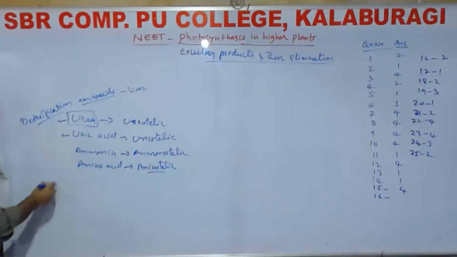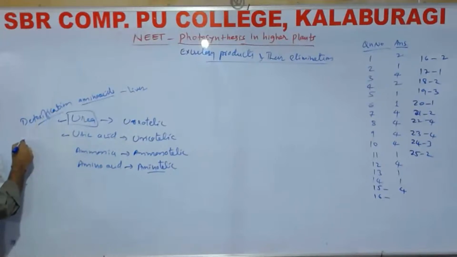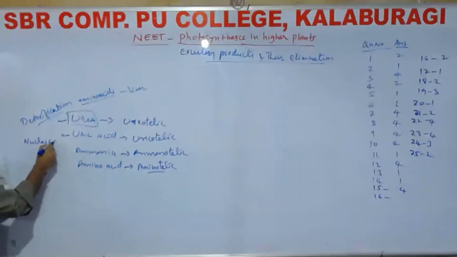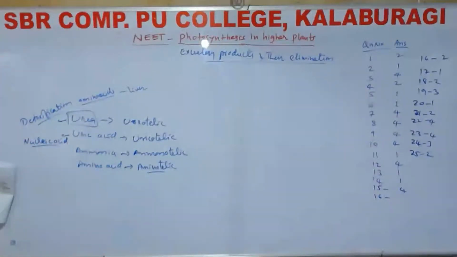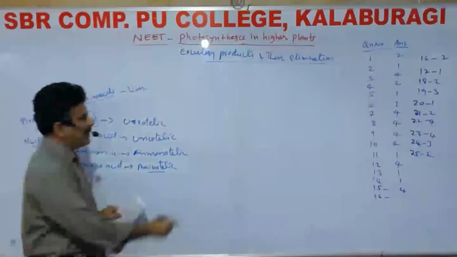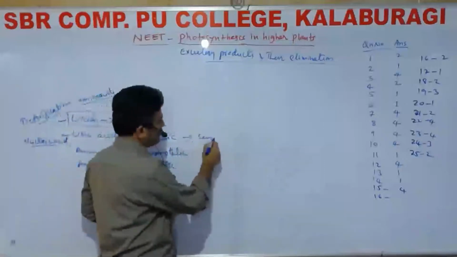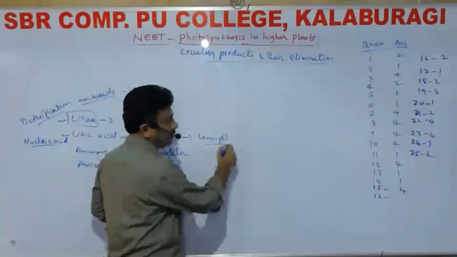At the same time, uric acid is produced due to the breakdown of nucleic acids. Nucleic acid metabolism produces one of the end products, called uric acid. Such uric acid is eliminated by individuals in the form of a semi-solid paste.